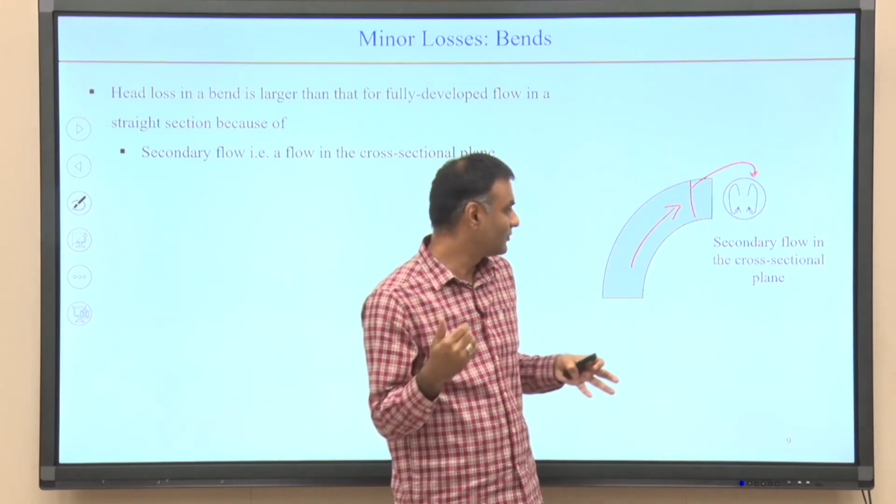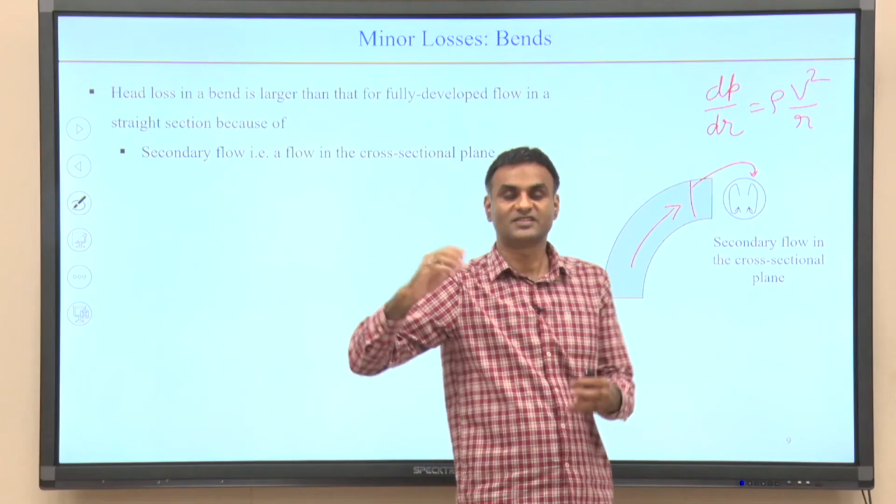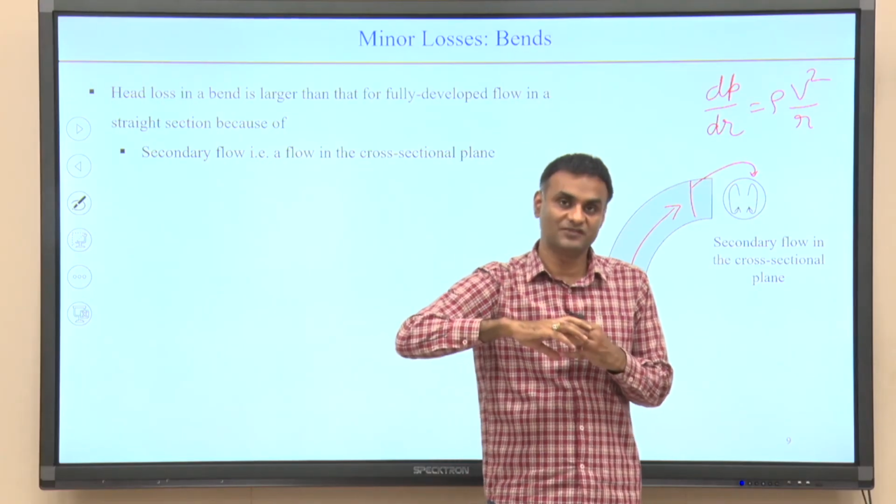because of the centrifugal forces. So, when we talked about inviscid flow, we looked at dP by dr equal to rho V squared by r, flow along a streamline in the streamline coordinates, and that was inviscid flow.